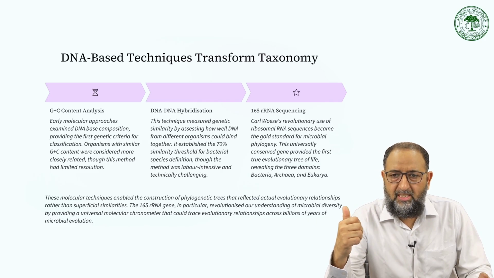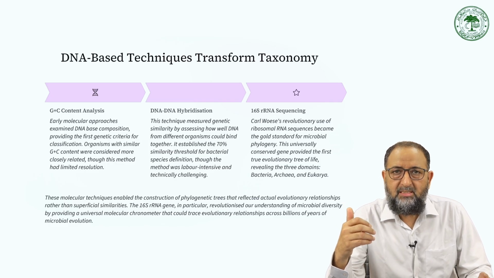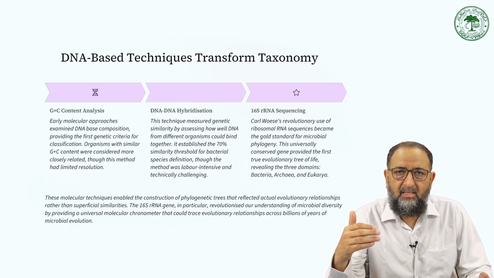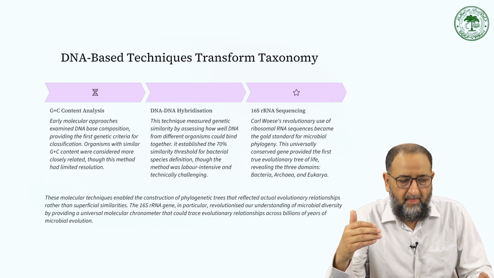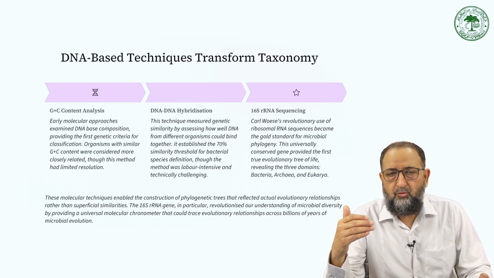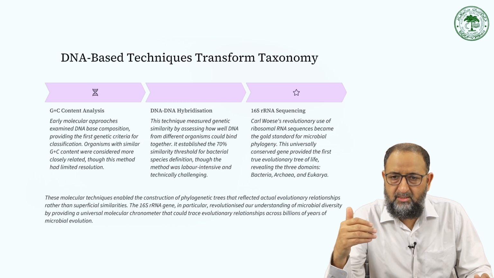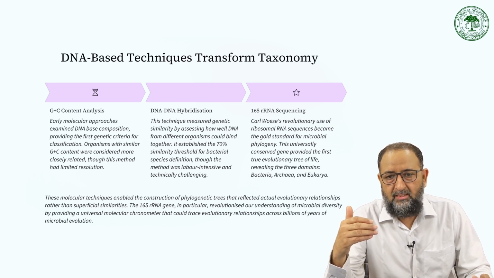Then you have 16S RNA sequencing. The 16S RNA sequencing is the ultimate technique where you can identify a particular species. Carl Woese was the scientist who first identified the ribosomal RNA sequence.